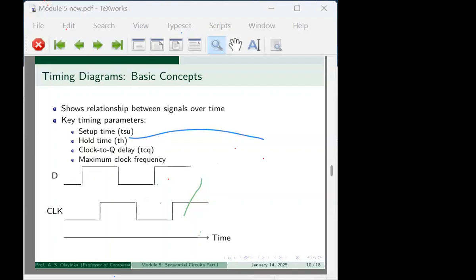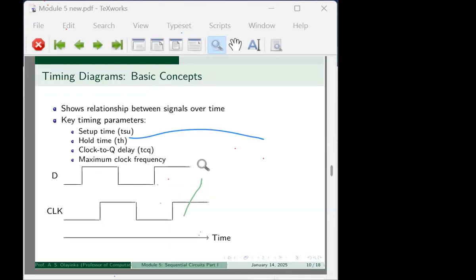It simply shows what relationship exists between signals over a period of time, the relationship between the signal and the time. Time will always be on your x-axis, while your signal will be on the y-axis. So this is what it looks like.